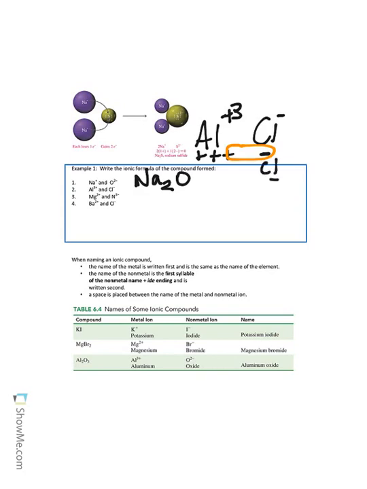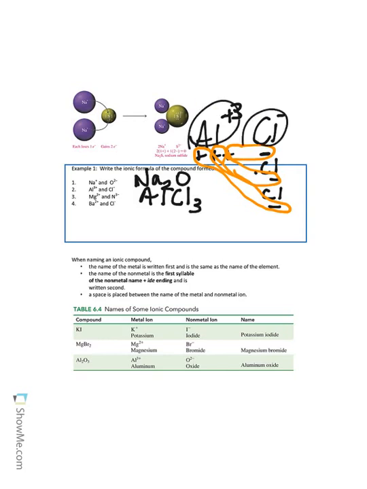If we add another chlorine, we get rid of another positive, and now we still have 1 left over. So let's add 1 more. Adding 1 more, we see that the formula for this compound is AlCl3. 1 aluminum, 3 chlorines.